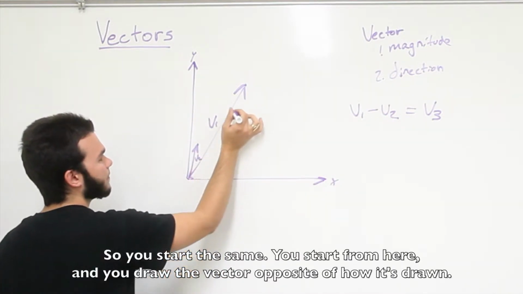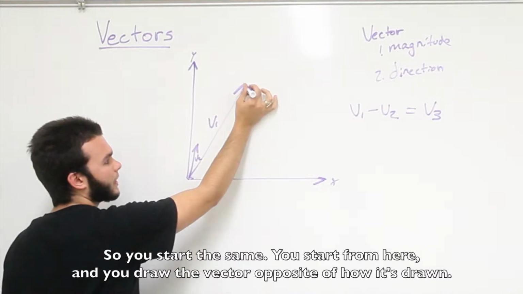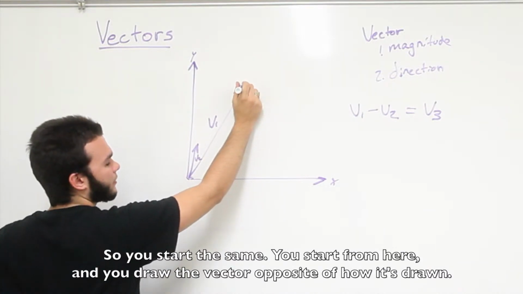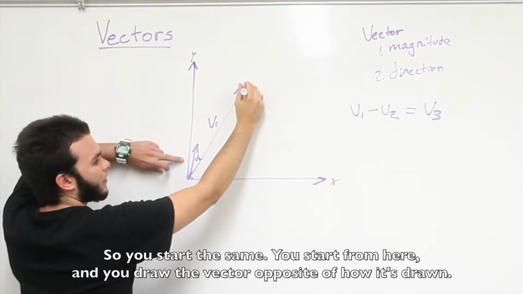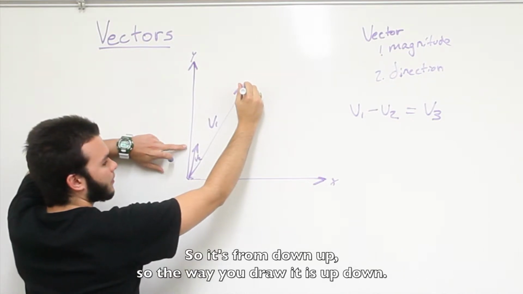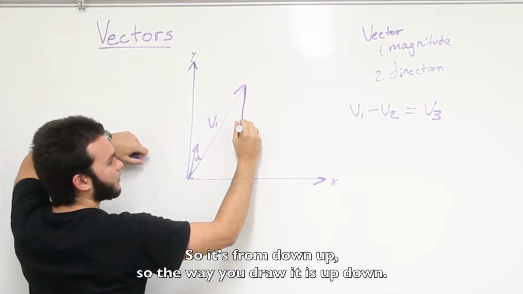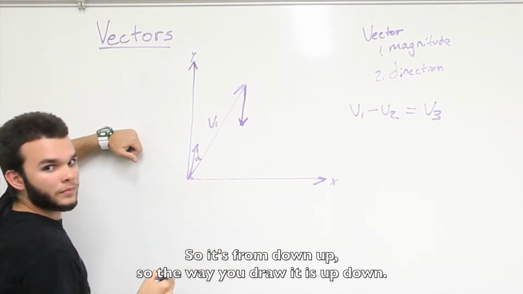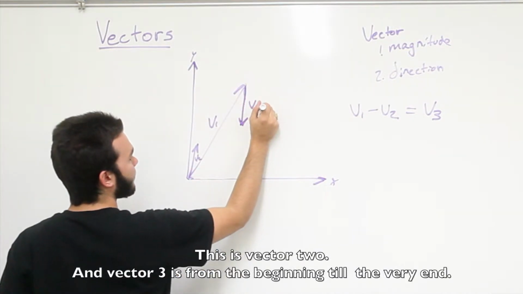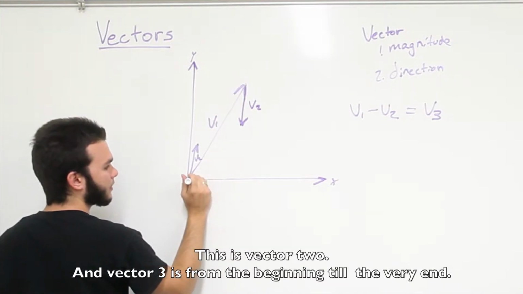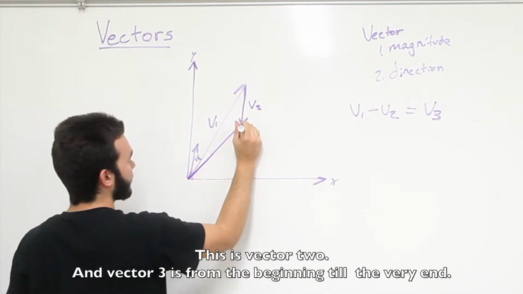So you start the same. You start from here, and you draw the vector opposite of how it's drawn. So it's from down up, so the way you draw it is from up down. This is vector 2. And vector 3 is from the beginning till the very end.